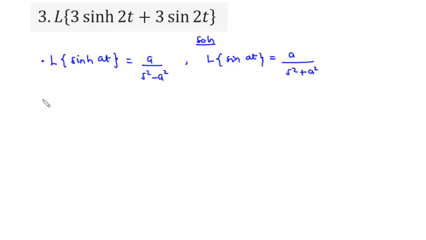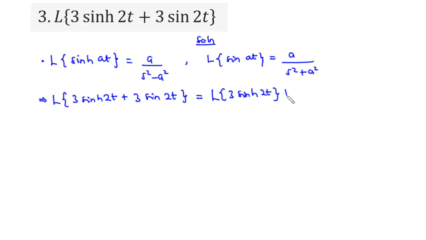So for the question given, the Laplace transform of the function 3 sinh 2t plus 3 sine 2t, using the linearity property of the Laplace transform, we are going to split this into two Laplace transforms. So we have the Laplace transform of 3 sinh 2t plus the Laplace transform of 3 sine 2t.